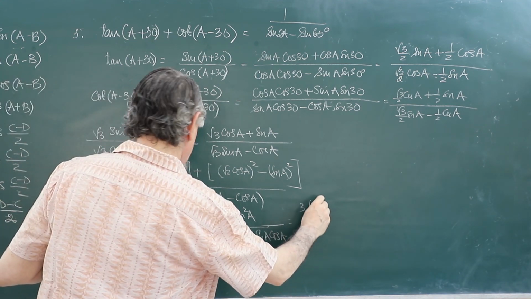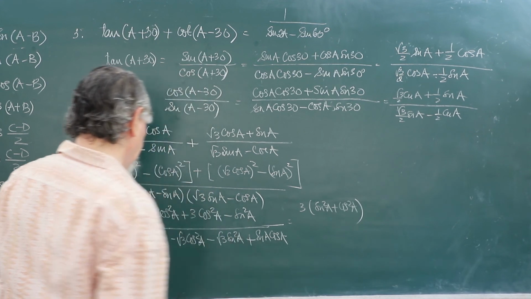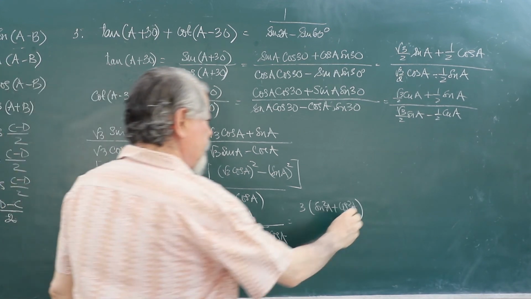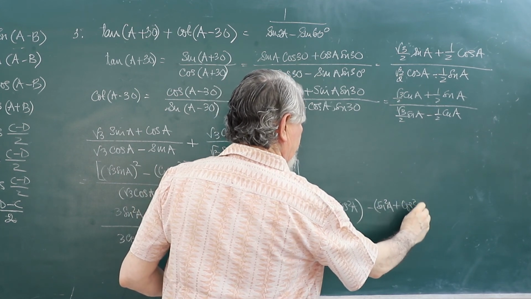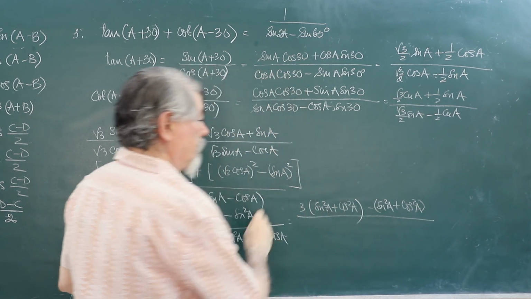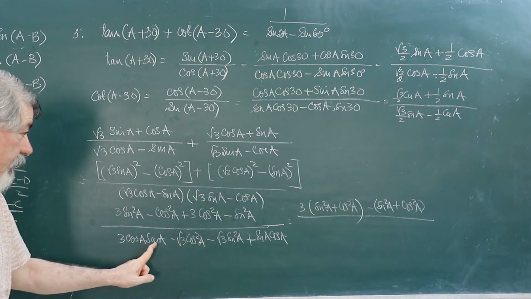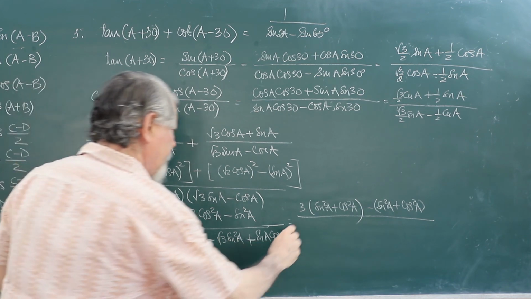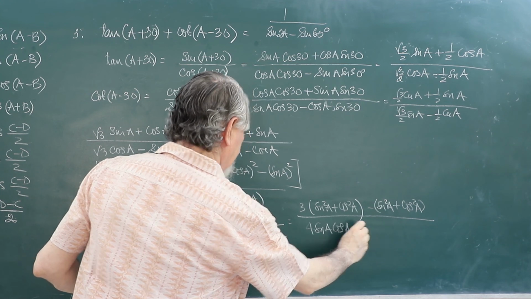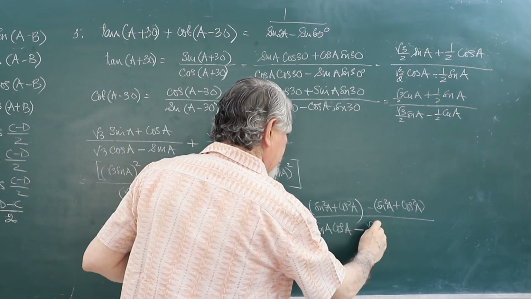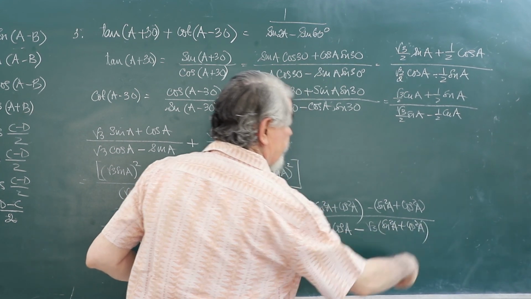It will be left cos square a plus sin square a. And out of this I'll take minus common, sin square a plus cos square a. Here again 3 cos a sin a plus sin a cos a, so it will become 4 sin a cos a. And minus, I will take root 3 common, it will be sin square a plus cos square a.